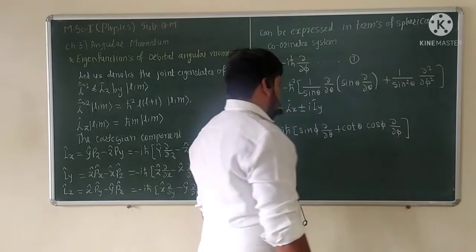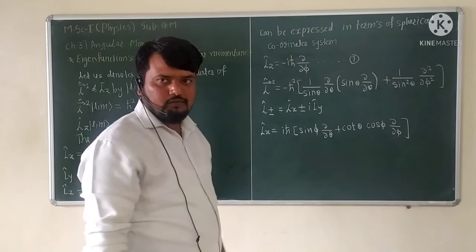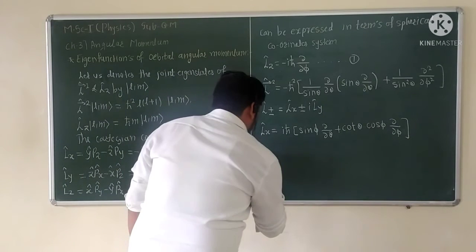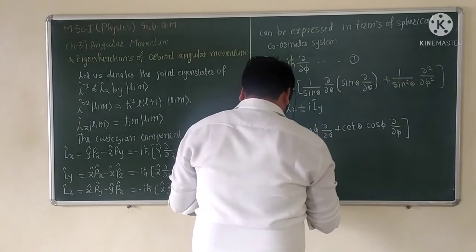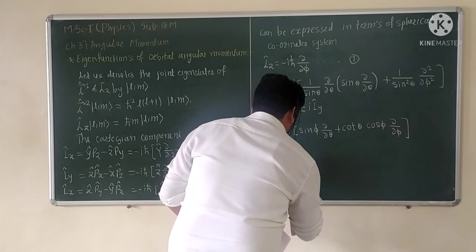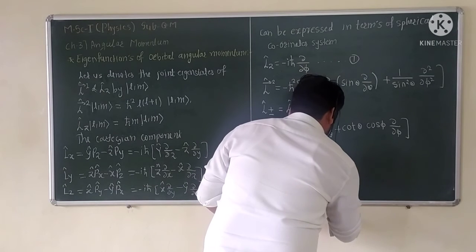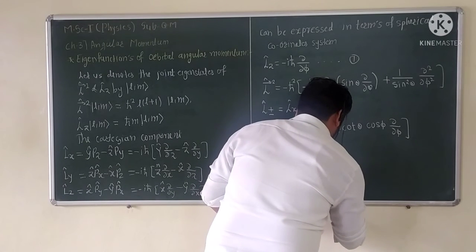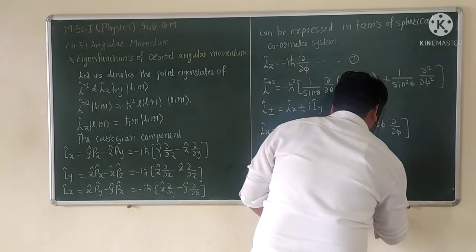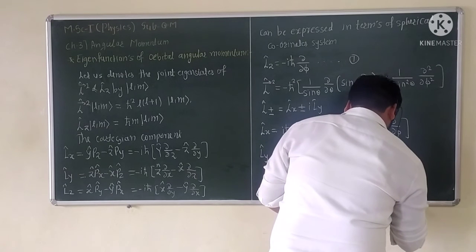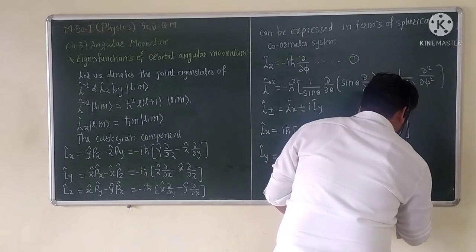So this is the expression of the x cap component of orbital angular momentum in terms of spherical coordinates. Again we want to define the Ly cap, which is nothing but i h cross of minus cos phi dou by dou theta plus cot theta sin phi dou by dou phi.